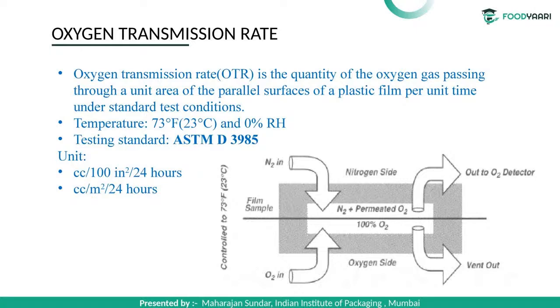For the standard test conditions, the temperature has to be maintained around 73 degrees Fahrenheit, or 23 degrees Celsius, at 0% relative humidity. The temperature and relative humidity have to be maintained throughout the testing process.